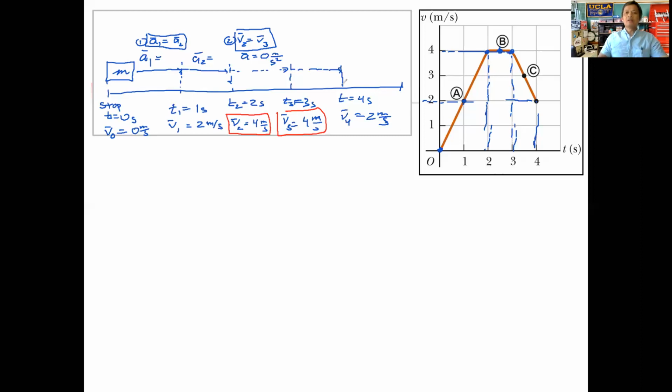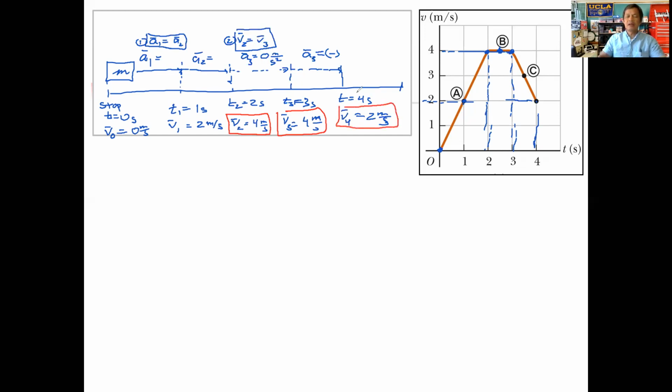All right. And with that said, we take a look at the third interval. So that's going to be A3. Between the third and the fourth second, we notice that the acceleration is going to be negative because the slope is negative. Therefore the velocities should be different.